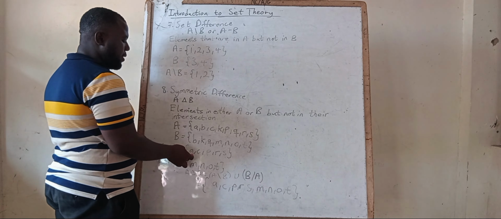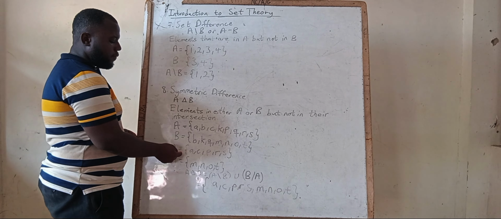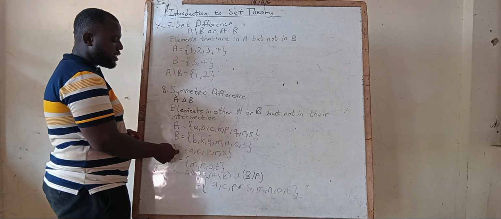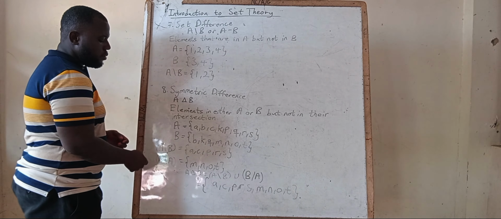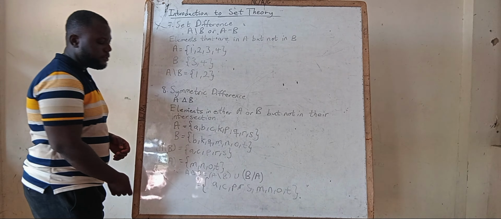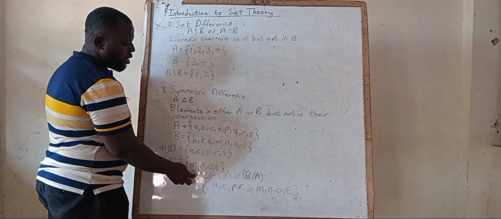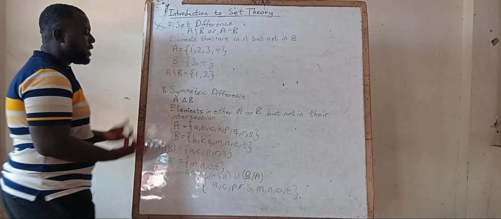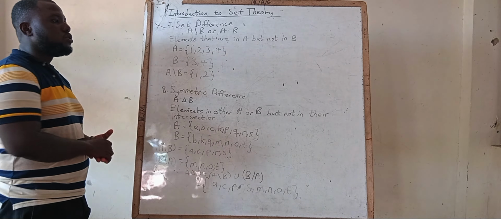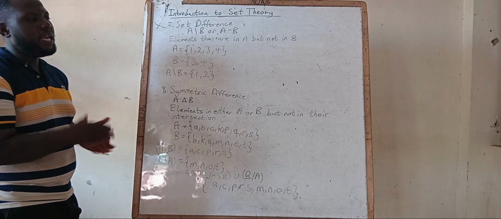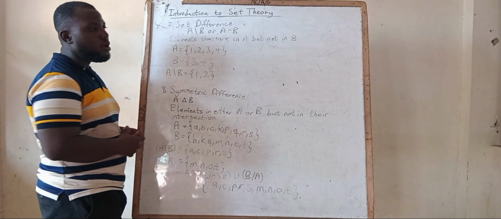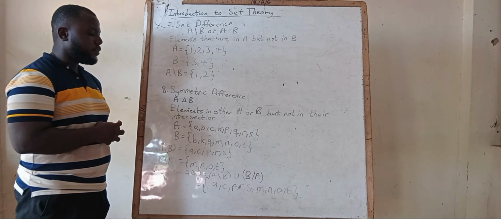You combine the elements you found in A backslash B and B backslash A to get your A triangle B. And as I said, A triangle B is also called the symmetric difference of A and B. So that's how we go about finding symmetric difference.